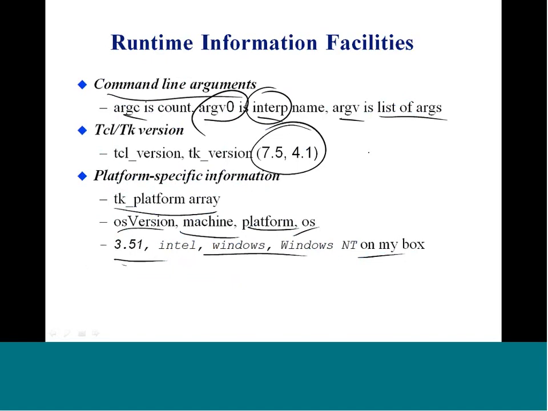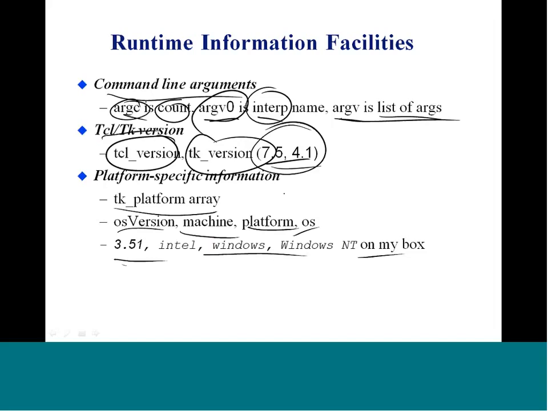So if we query the argc, that gives you the count, and then argv0 is the interpreter name, and then the remaining is the list of arguments. And then you can also query for the Tcl and Tk version. The commands are tcl_version and tk_version, and then it can print out numbers like 7.5 and 4.1 respectively.